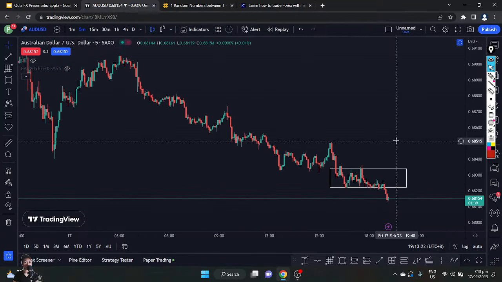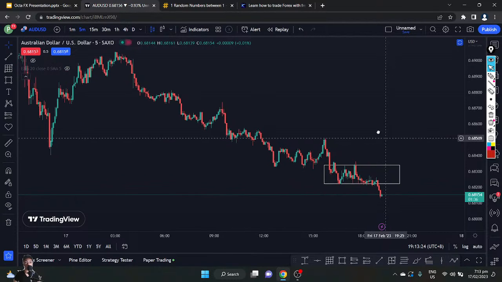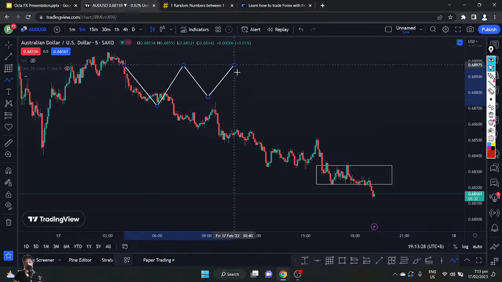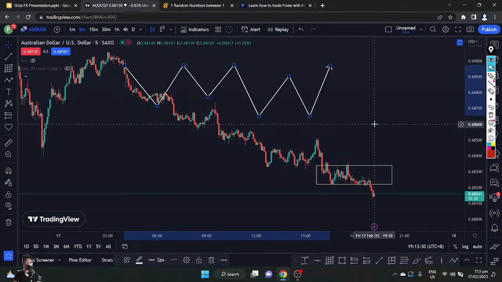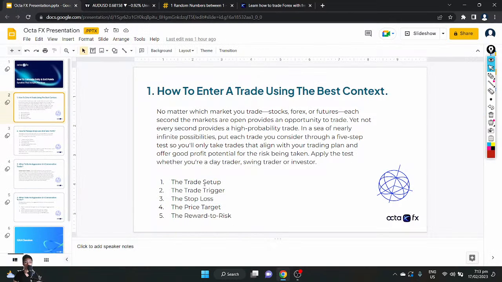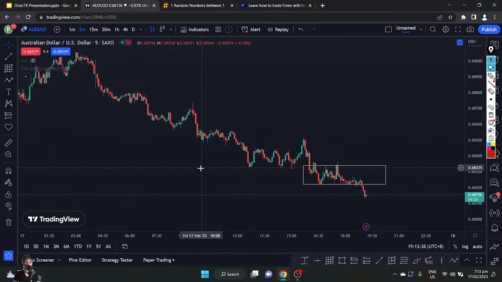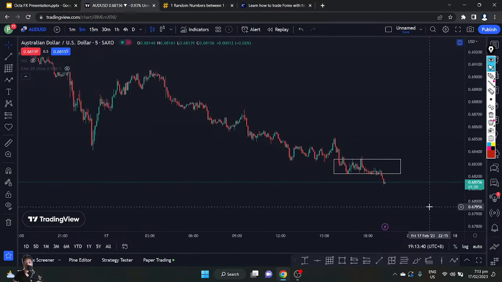But this isn't happening all the time. Sometimes the market is just going nowhere like this. If this is the case, then we don't have the trading setup, or we don't have the condition for our setup. But in this case, we can see that we have the right context, which is a downtrend.